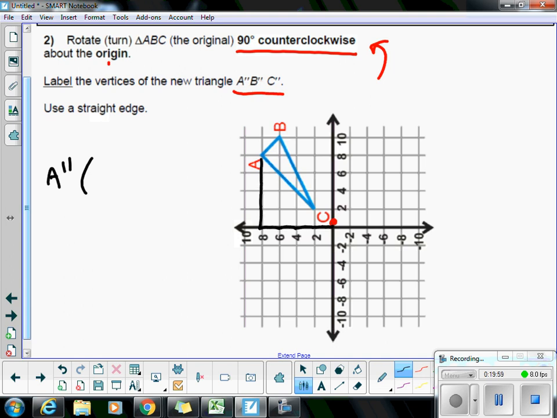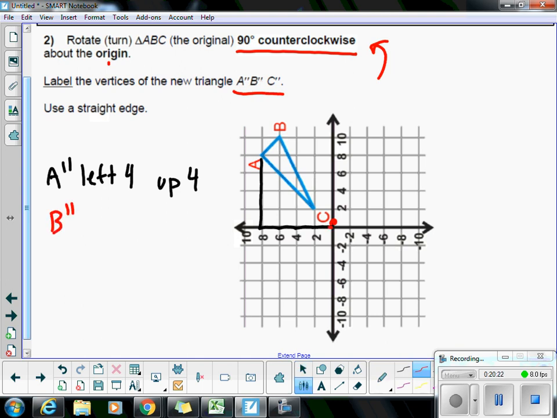So left 4, and then I went up 4 as well.